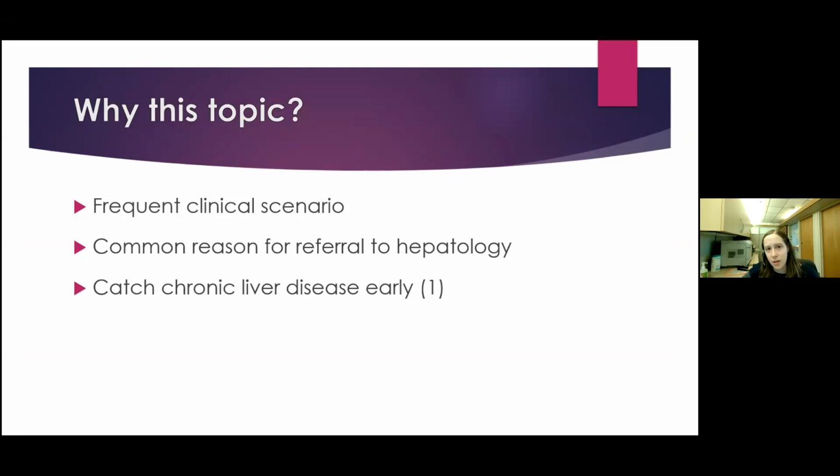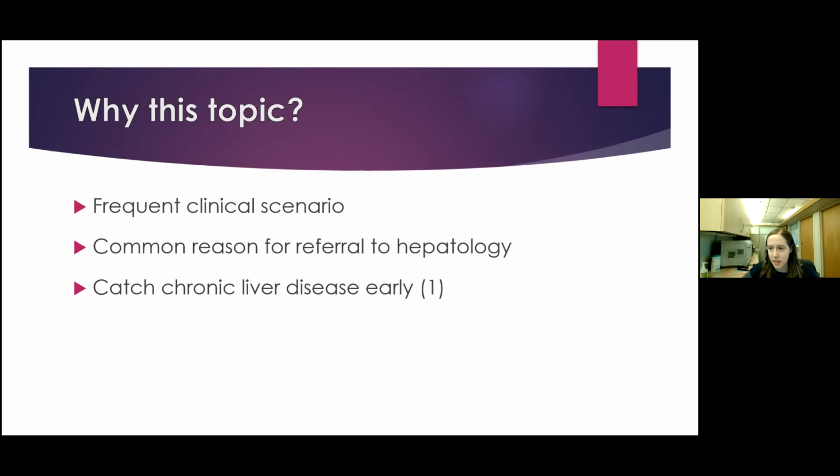There was one study done in the British Medical Journal where they showed that over half of patients that came in with a new diagnosis of end-stage liver disease had a previous abnormality in their LFTs that had never been investigated. So sometimes we're relatively inadequate about evaluating these abnormalities. If we can be a little bit more diligent about it, we may be catching chronic liver disease earlier and preventing a lot of morbidity and mortality.